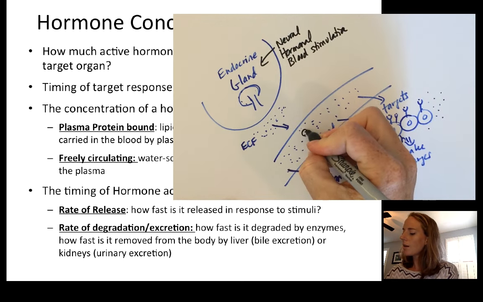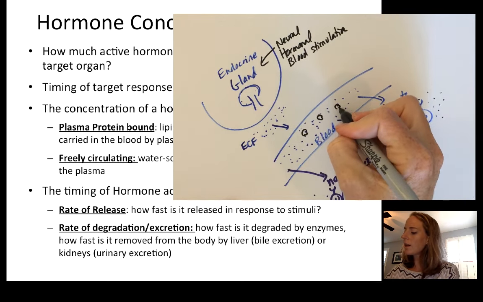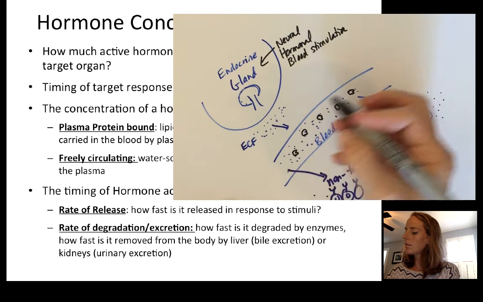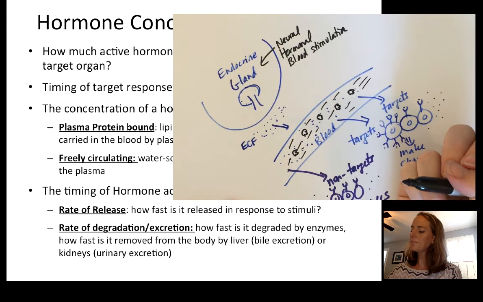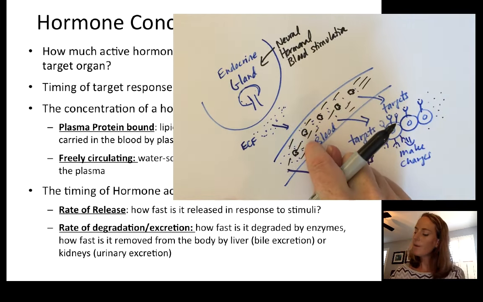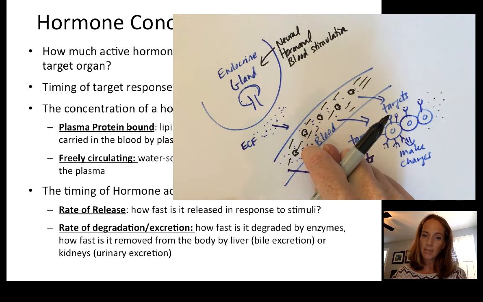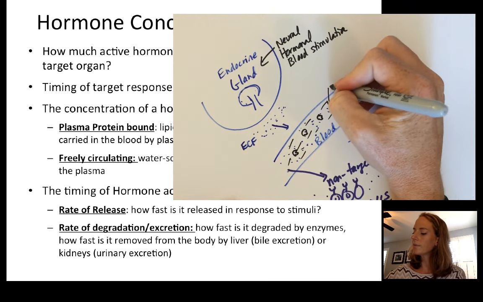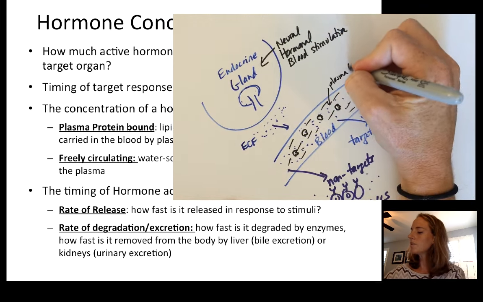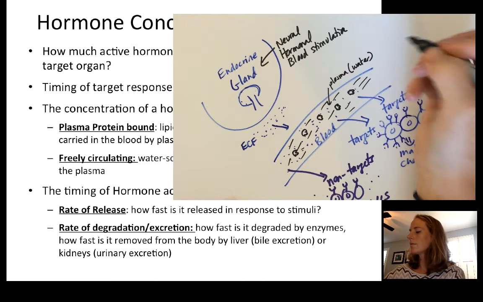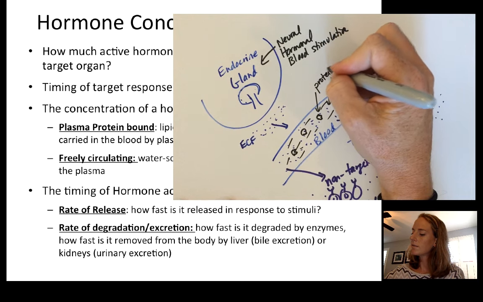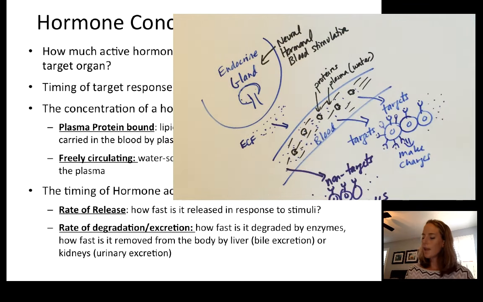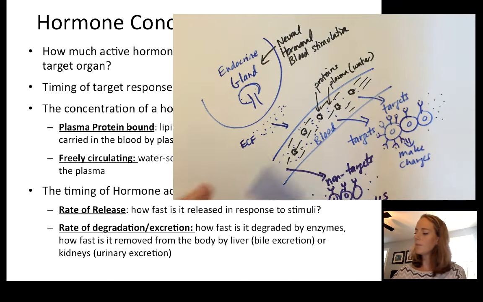So there are proteins in the blood and there is plasma in the blood. If a hormone is lipid soluble, meaning it's hydrophobic, it's not going to be dissolved in the plasma. So we have plasma, which is mostly water, and then we have proteins floating within the plasma. A lipid-soluble hormone cannot dissolve in the plasma.